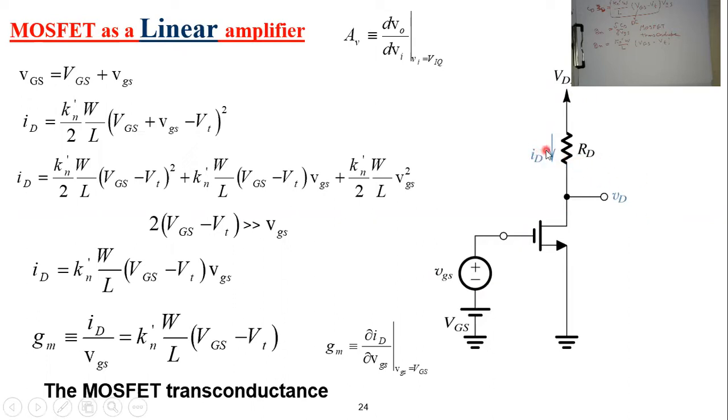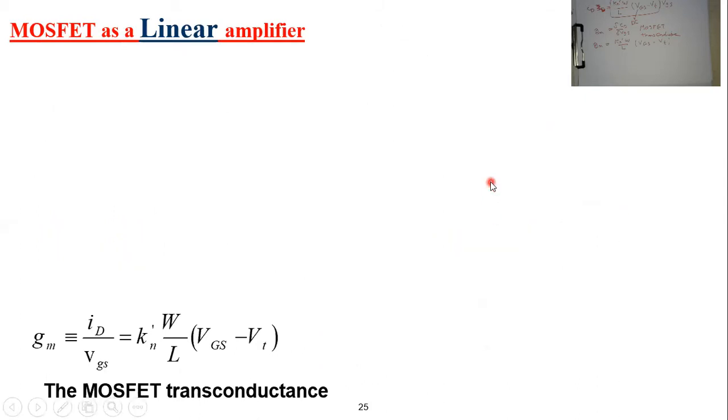Whenever you have a change in ID, the drain current, that will automatically be reflected in the drain voltage. So this relation between VGS and ID can be turned into a relation between VGS and VDS. Accordingly, you can calculate the gain of this MOSFET amplifier, as VDS is the output voltage and VGS is the input voltage. And this is what we will typically do in the coming exam.